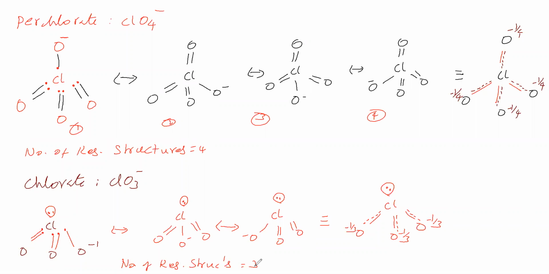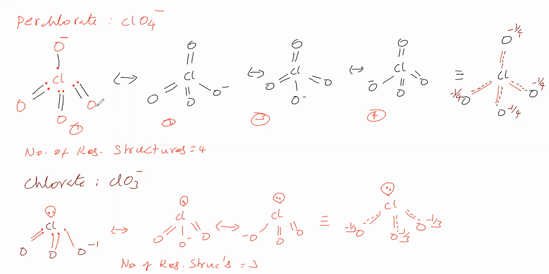Here, how are we getting these resonance structures? This double bond is shifting here, this single bond is shifting here, so that we got this one from here. Therefore the electron cloud is shifting from one place to another, due to attraction only.